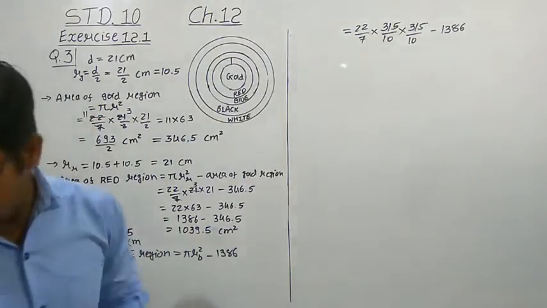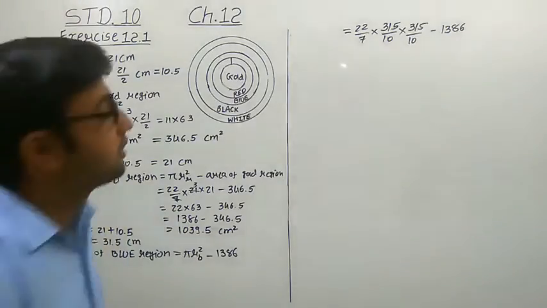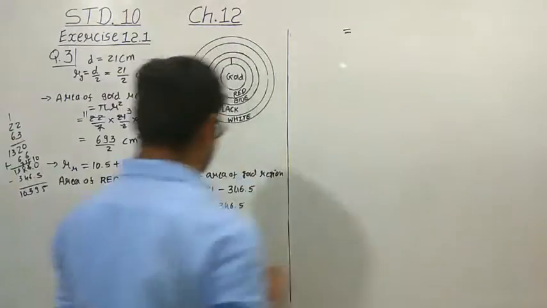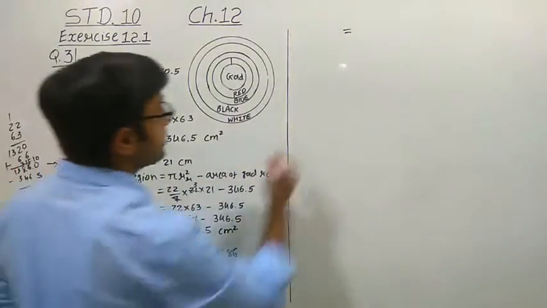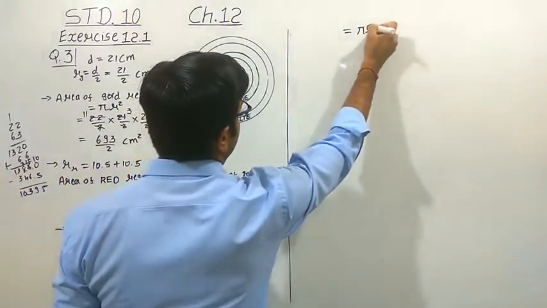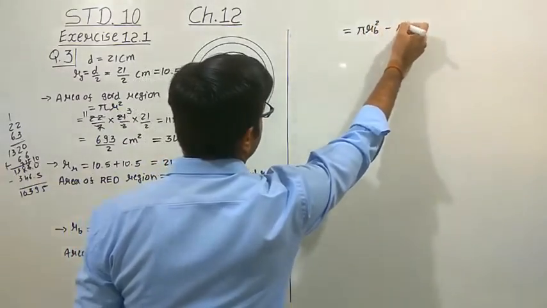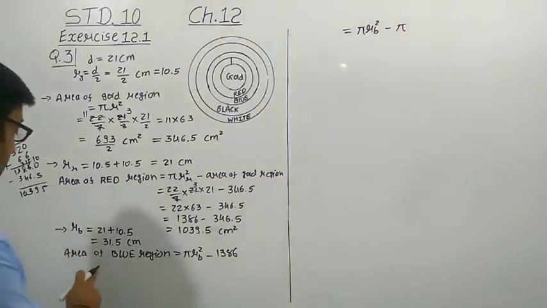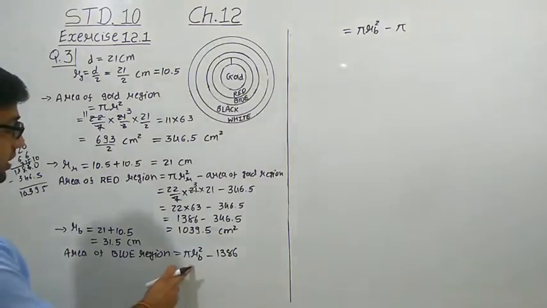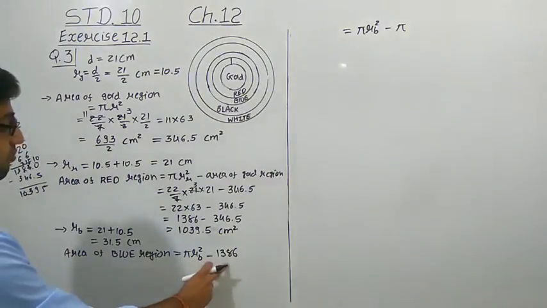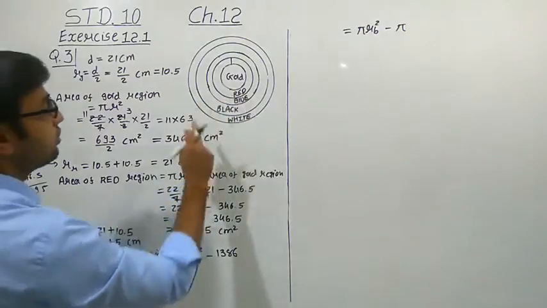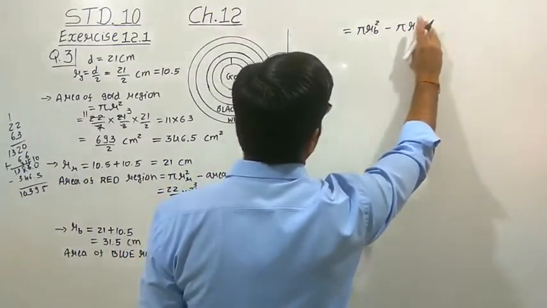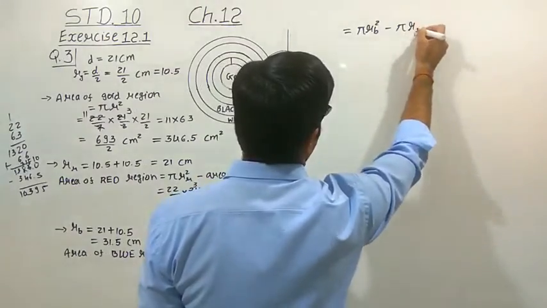Here we can also simplify this equation by taking pi common: the area of the blue region, pi RB square, minus the area covered by the red region, pi RR square.